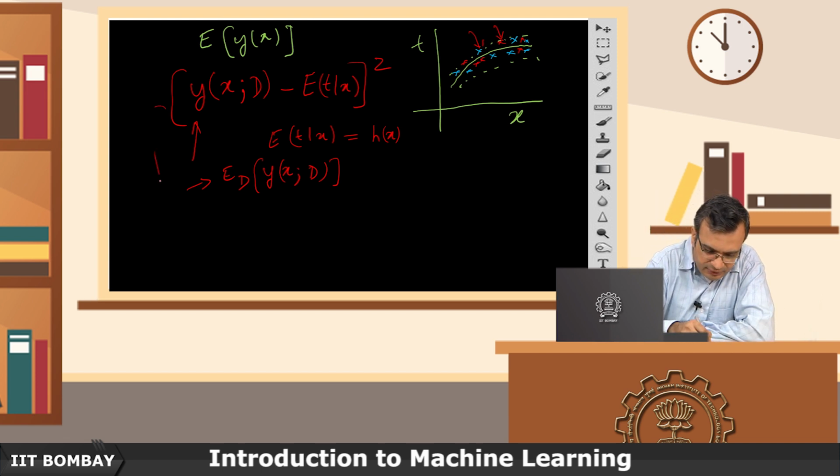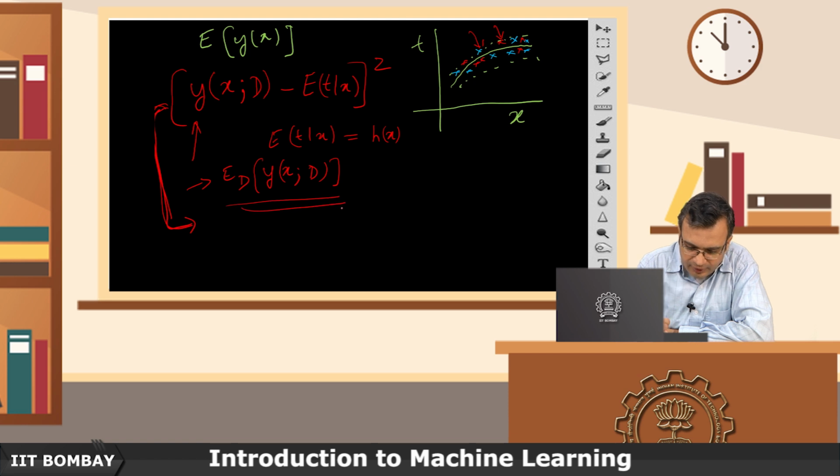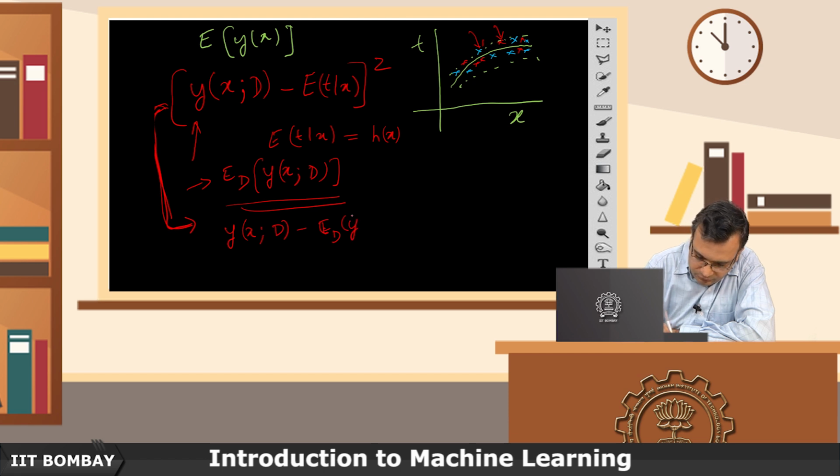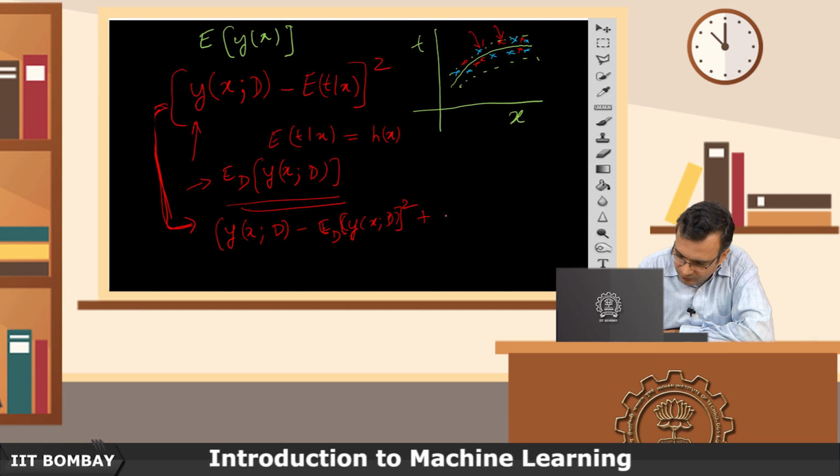So because of that, this term now we can add and subtract this term in the middle, and what we will get is y of x,d minus the expected value given the data of y as a function of x and the data, this will be squared, and then we will have another term which will be this expected value given d of y as a function of x and d, right.